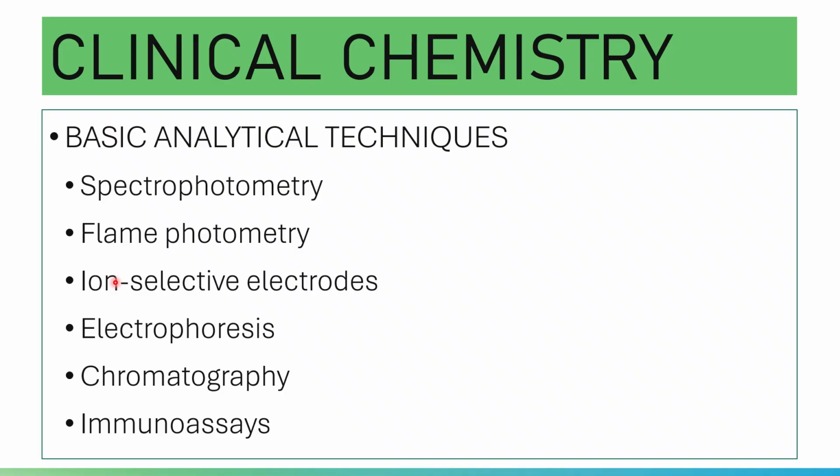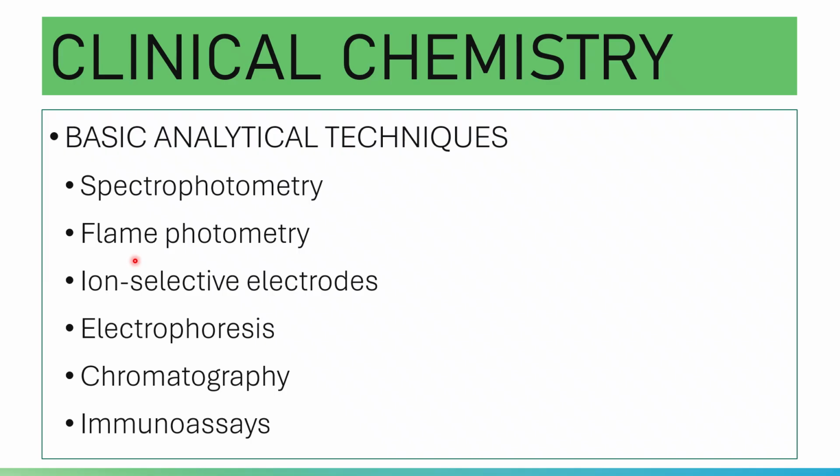The sample is aspirated into a flame, as if you burn it, causing atoms to emit light at a characteristic wavelength. In flame photometry, the emitted light intensity is proportional to the concentration of the ion in question.